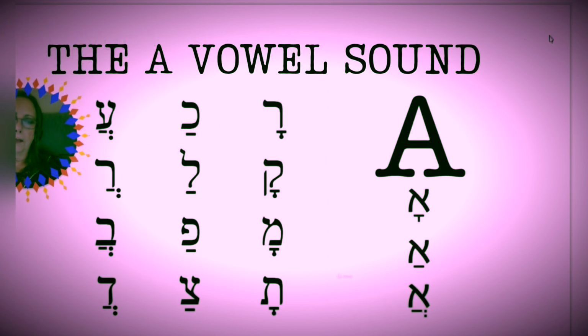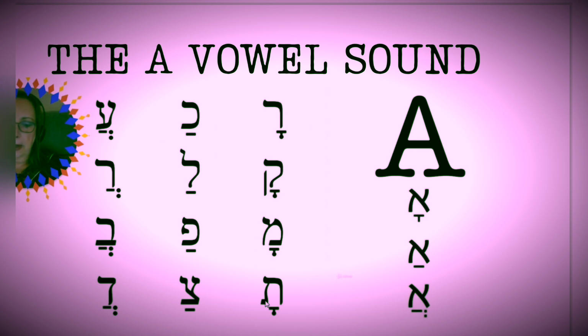So here we have the a vowel sound. Where's my cursor? There we go. We have a, a, a, and here is ra, ka, ma, and we have ta.